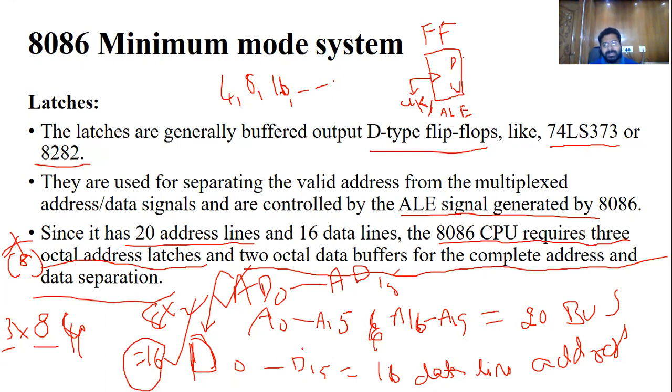This data line is a 16-bit data line, but the address is a 20-bit line. So 3 latches give 24, though it is not exactly 20 because these are available in octal. That's why some 4 bits are inactive, and only 20 bits are used.